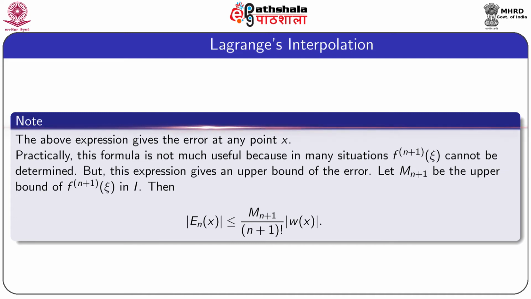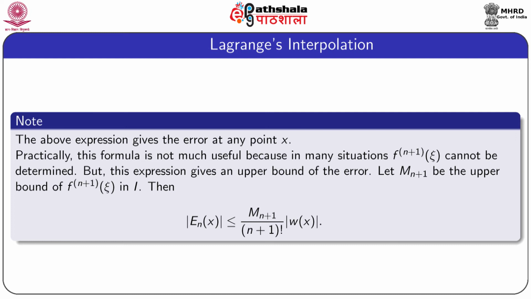But this gives the theoretical expression, and sometimes the upper bound of the (n plus 1)th derivative of the function is available, and if it is equal to M_{n+1}, then the upper bound of the error term is M_{n+1} by factorial n plus 1 into the absolute value of w(x).